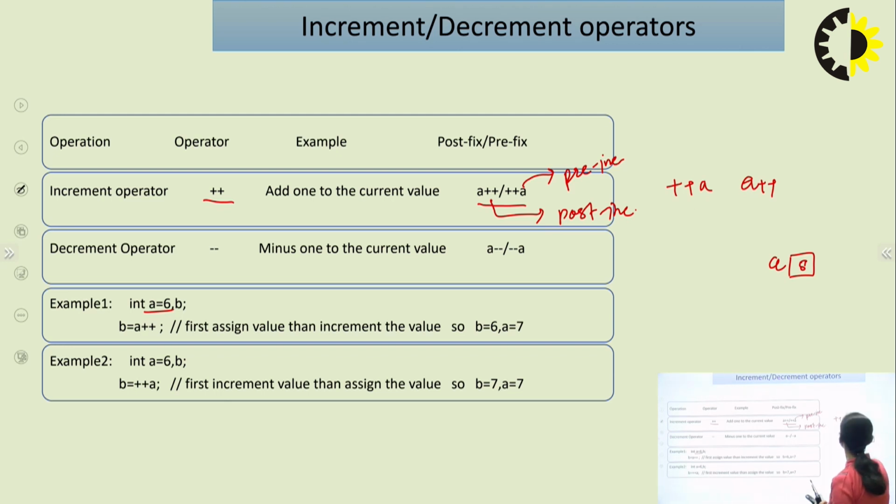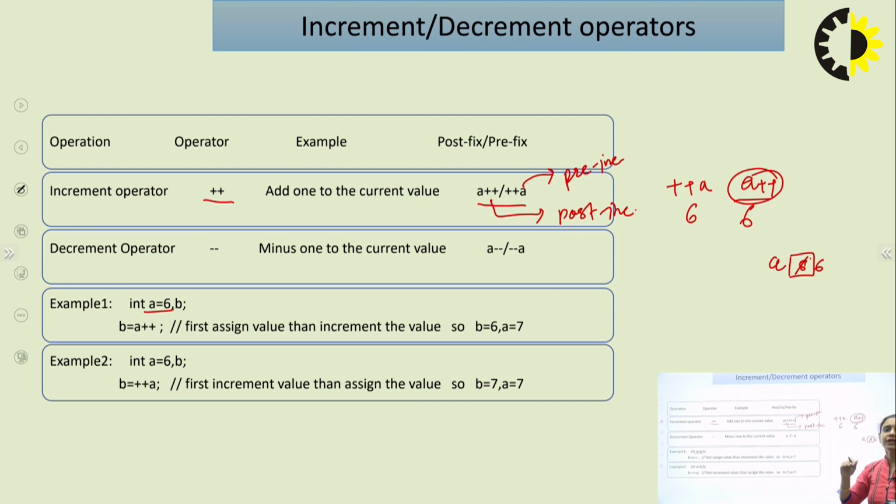So plus plus A would be 6 over here, and in the memory also it would be 6. But A plus plus would keep the value of A as 6 here, and later on it will increase in the memory. So if you are currently using the value of A with A plus plus, it will first use the value and then increment in the memory. So that is the difference.